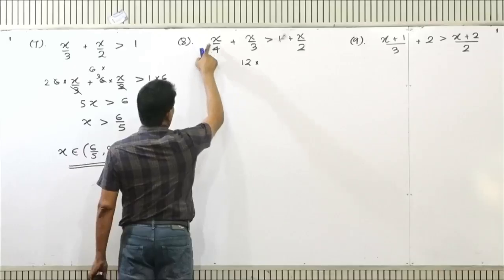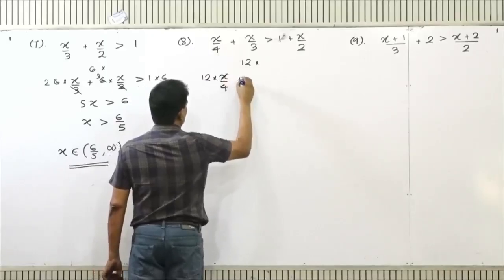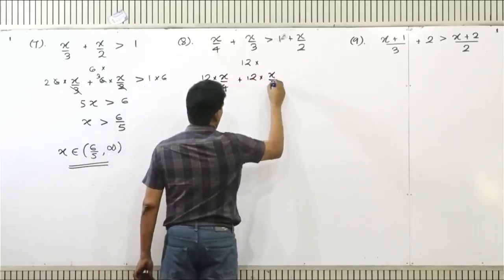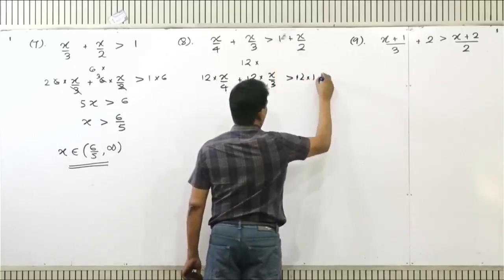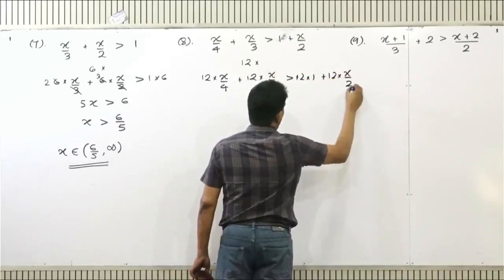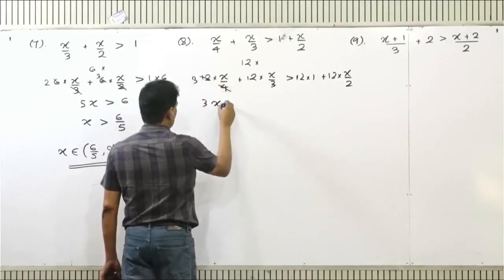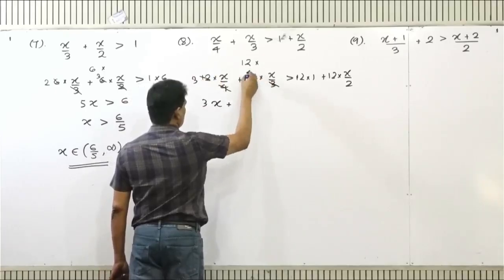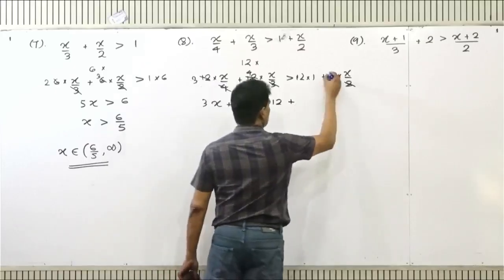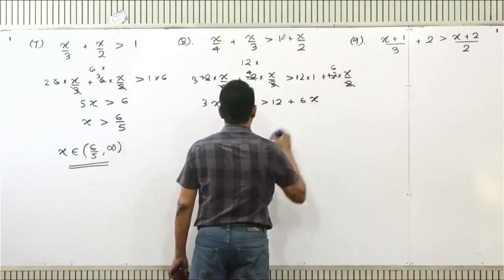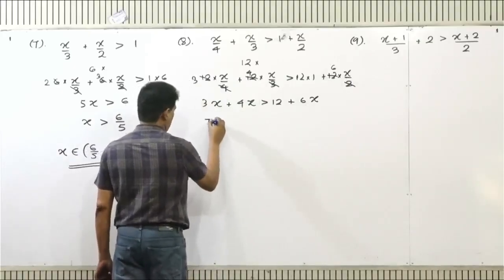Then here 12 into x over 4, here 12 into x over 3, here 12 into 1, three x plus 4x means 7x.